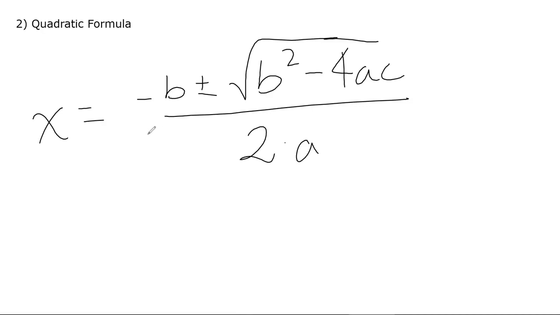Recall, this is from the same standard form we started off with. This is the a from ax squared, this is the b from bx, and this is the c from plus c. With this, we have the value for x for these particular values of a, b, and c.